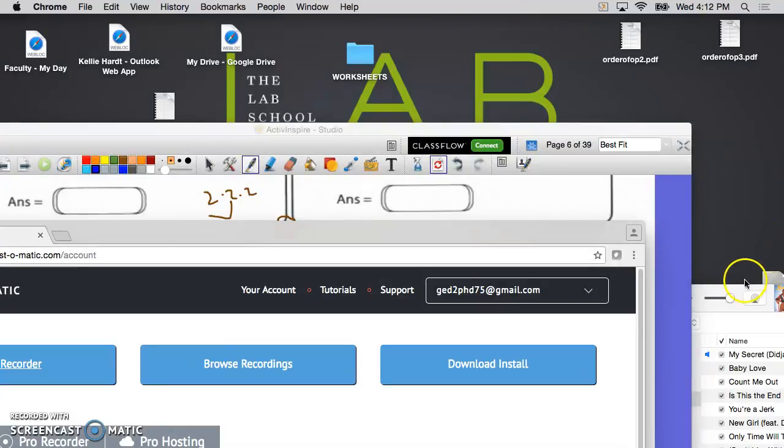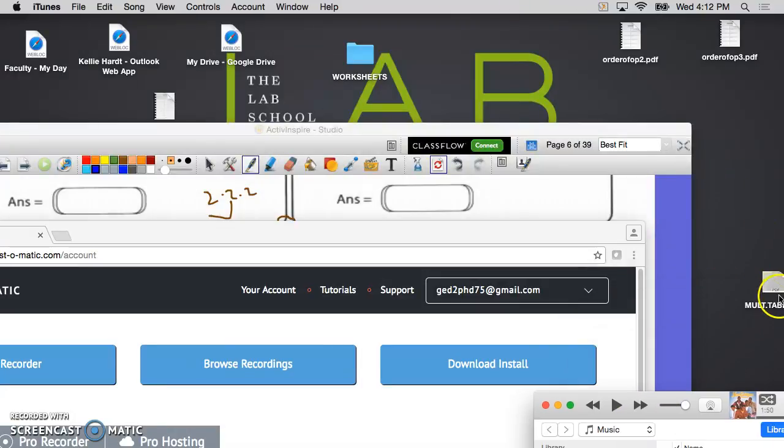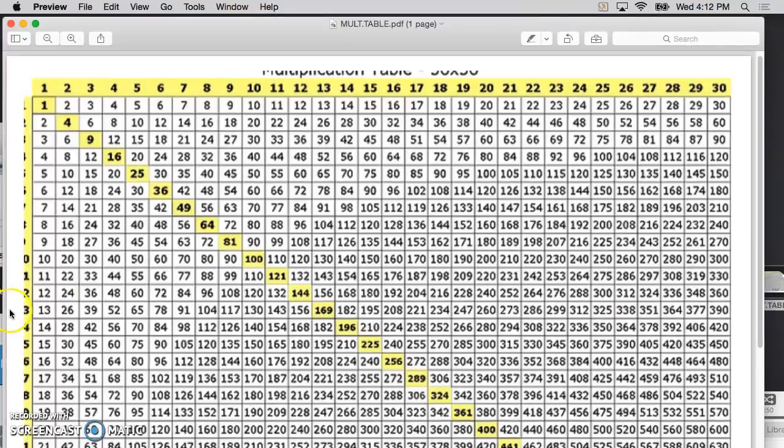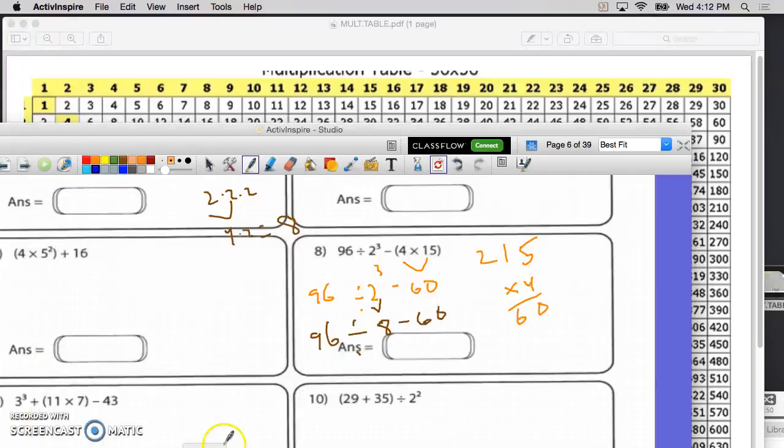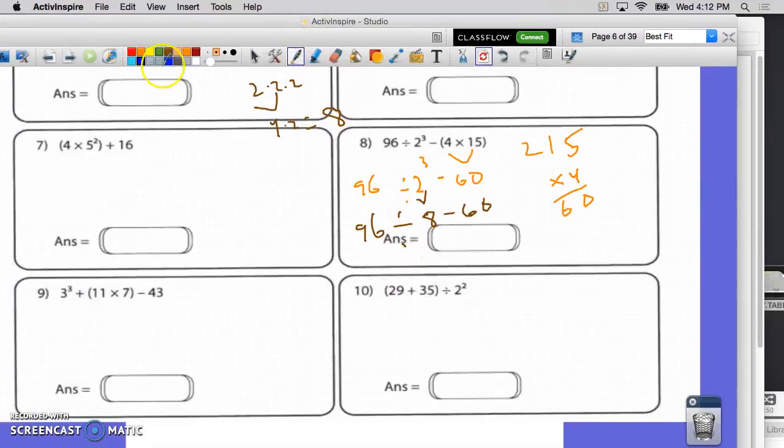Don't know. Don't feel like figuring it out. So let's just go ahead and use a multiplication chart. I'm looking for 8, 96. 12 times. Okay. So that's telling me that all this is 12. So now I have 12 minus 60, right? Remember, my first number is smaller than my second number, so I know my answer is automatically going to be negative. And if I subtract, I should get 48. Negative 48 is the answer here.